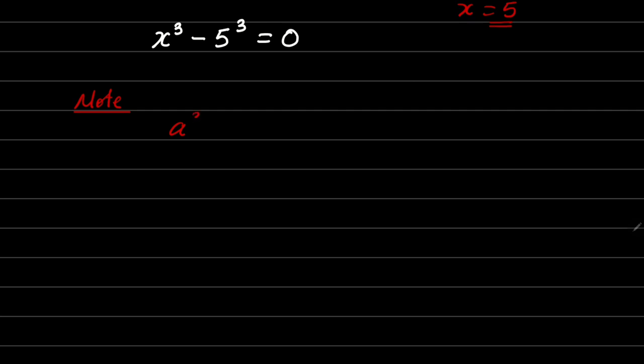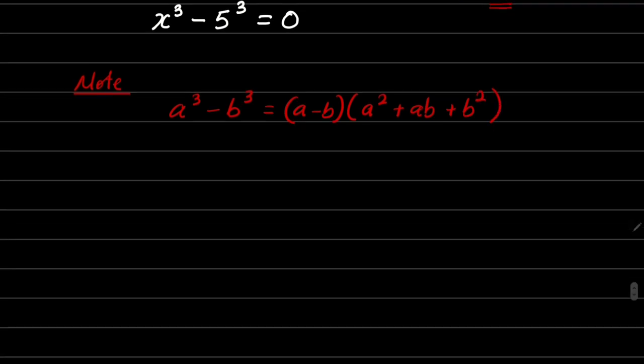If you have a cubed minus b cubed, the answer is going to be a minus b into a squared, then plus ab, then plus b squared.